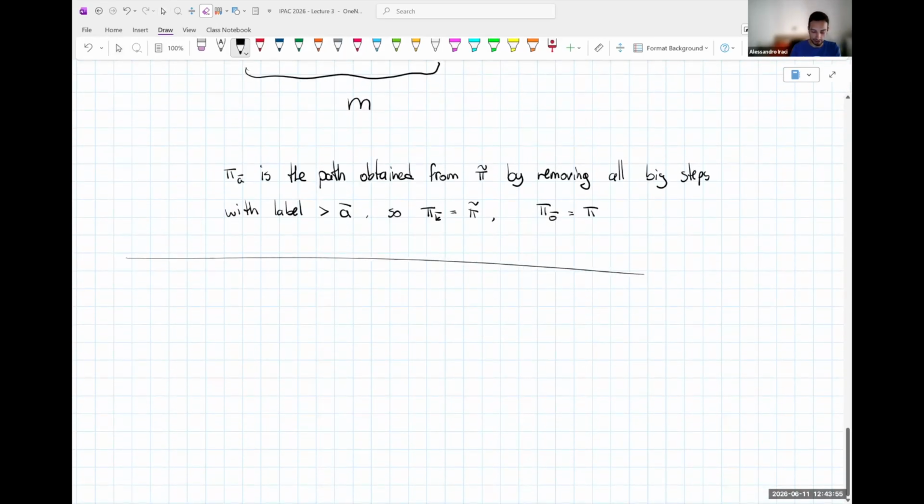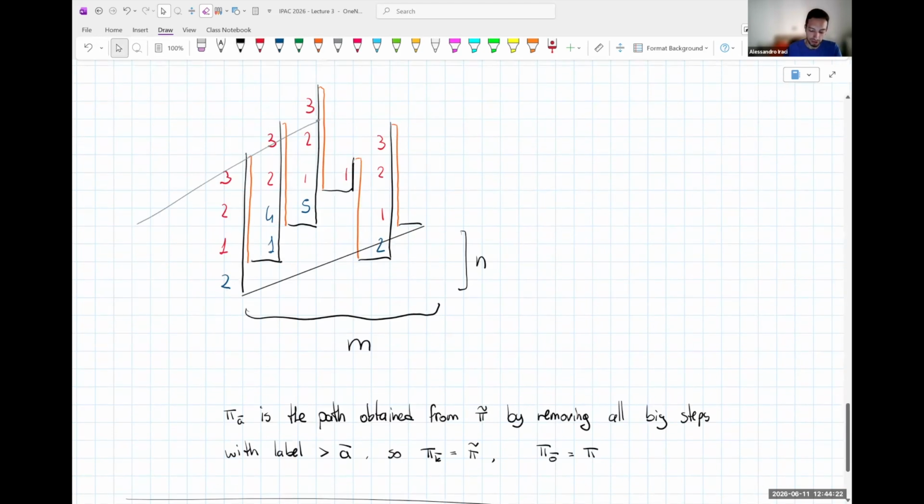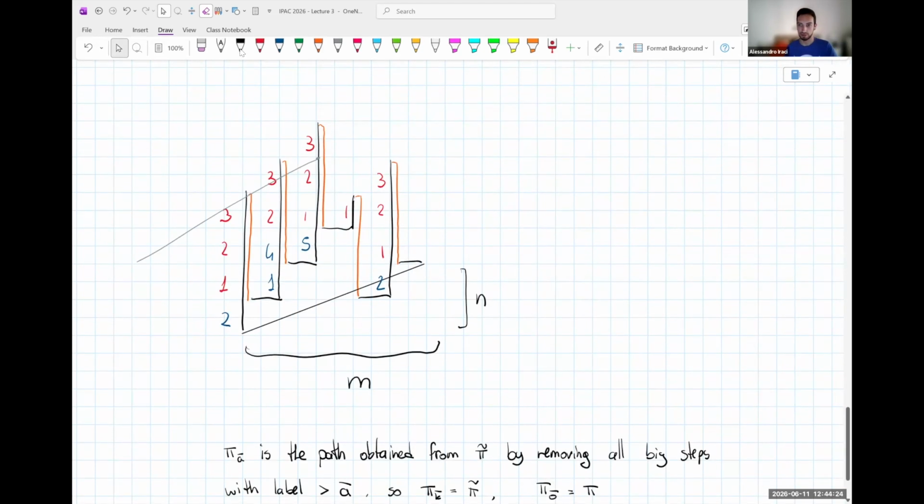We have that if i is a big label, then i contributes to this gadget here if and only if L_i starts below the path. That's pretty much obvious, right?